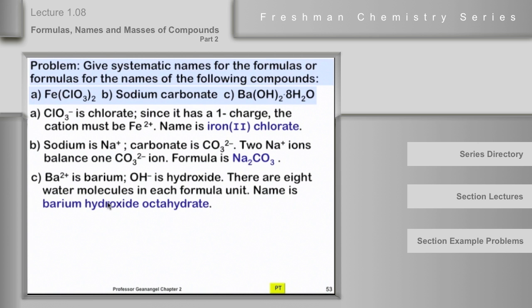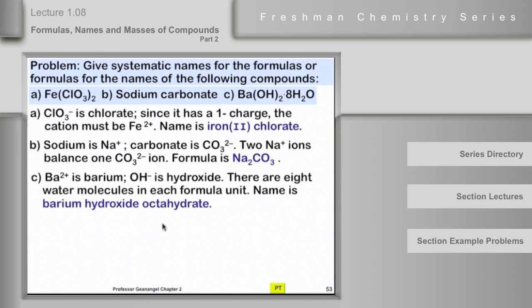So barium hydroxide carries all the information that you need to write down Ba(OH) taken 2 times, assuming you know that hydroxide ion has a negative charge. The last part of it is octa for the 8 and hydrate for the water. How are we doing? Does this make sense?